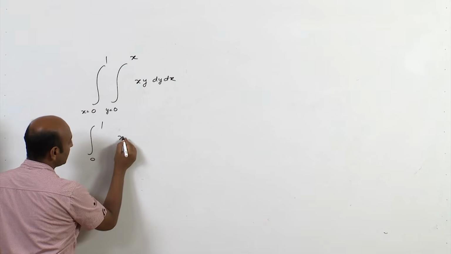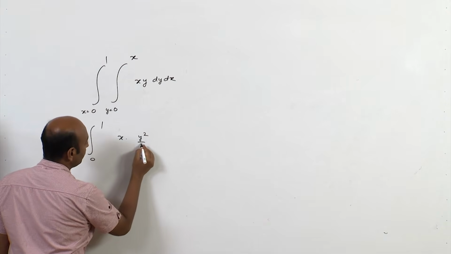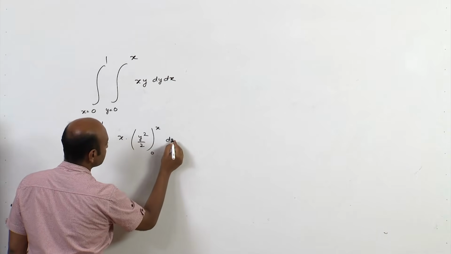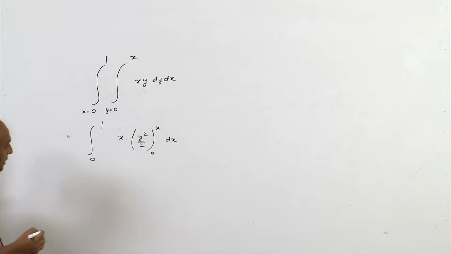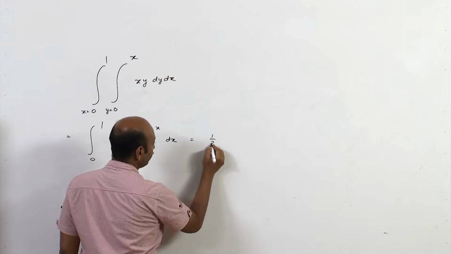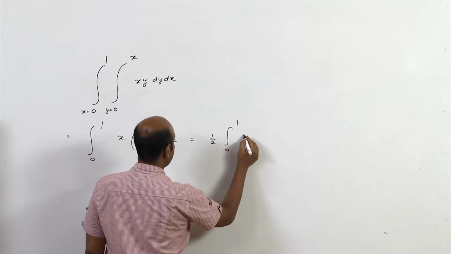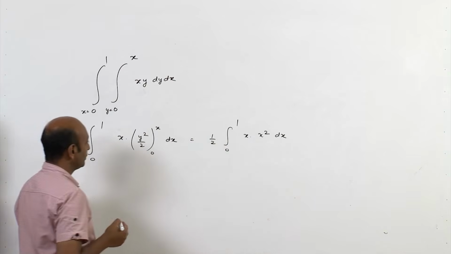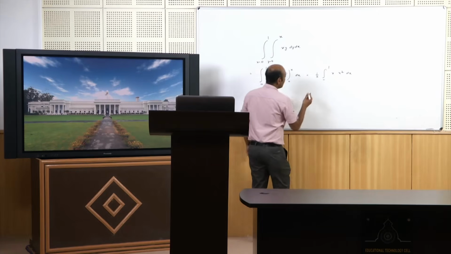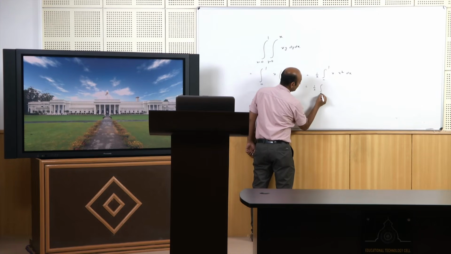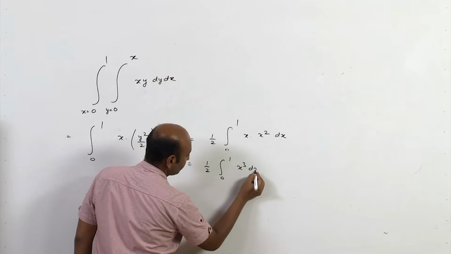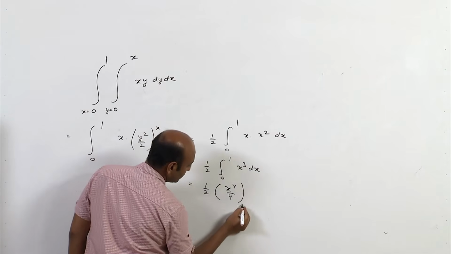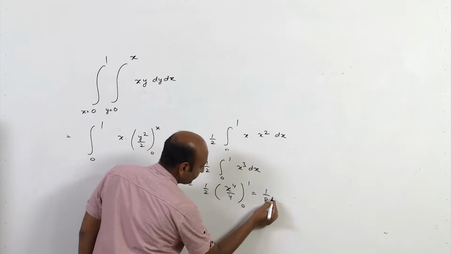So, it is x into y square by 2, where y is varying from 0 to x, dx. So, 1 by 2 can come out, integral 0 to 1, it is x into x square dx, because for 0 it is 0, which equals 1 by 2 integral 0 to 1 of x cube dx, which equals 1 by 2 times x raised to power 4 by 4 from 0 to 1, which is 1 by 8.